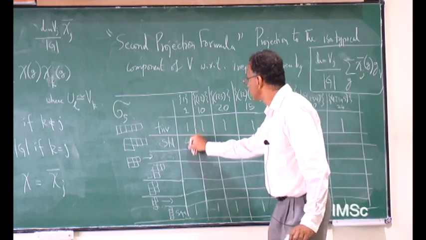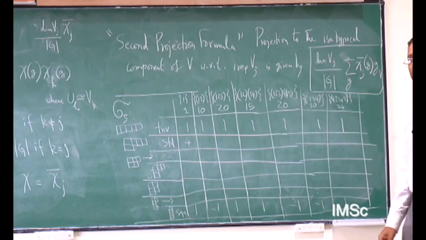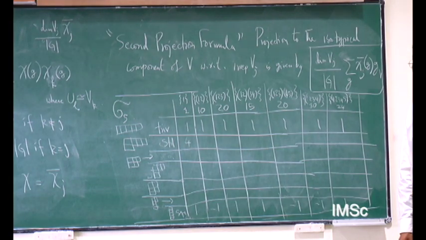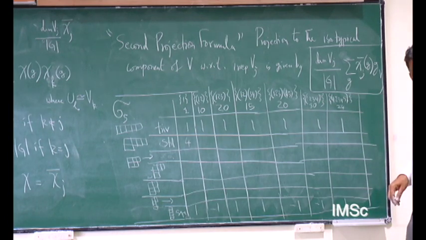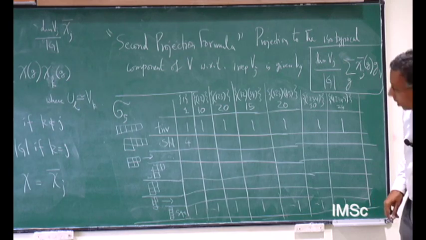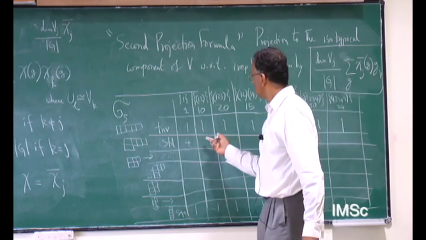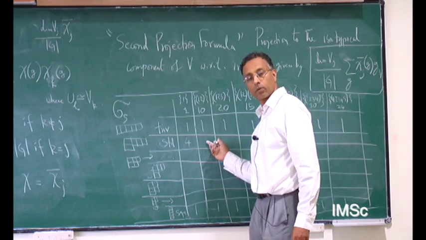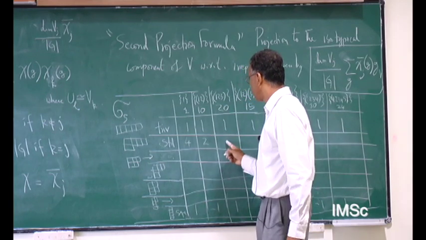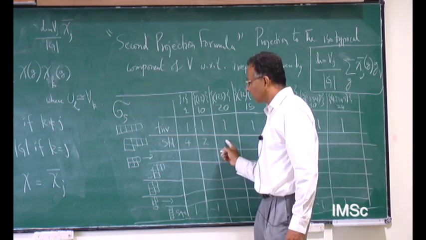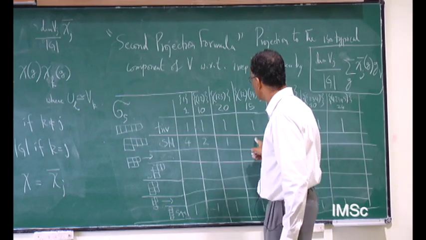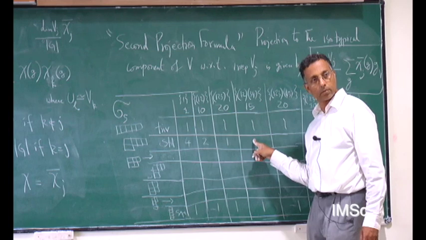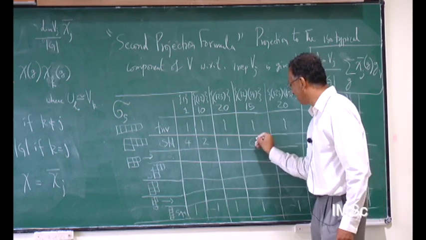That will be 2. Aha. So that is going to change 1 to 0. That will be 2. Why is that? Because it is a 4 cross 4 matrix. 1, 0.